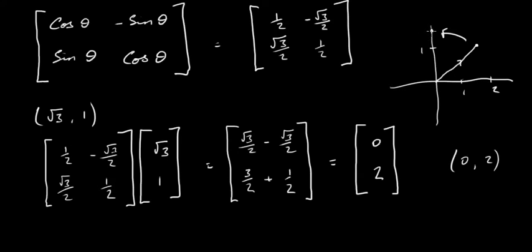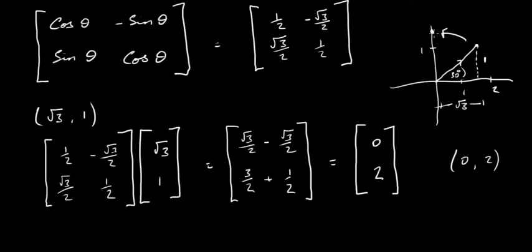So we should end up here somewhere on the y-axis. Now, I picked this for a reason. If you have a look at this here, out as far as here is root 3, and from here to here is 1. The tan inverse of 1 over root 3 is actually 30 degrees, so this angle here is 30 degrees. We're going to rotate it anti-clockwise by 60 degrees, which is what we said this matrix should do.